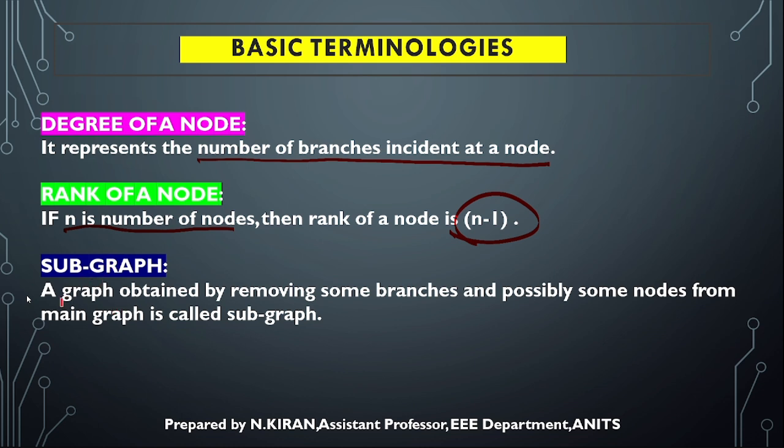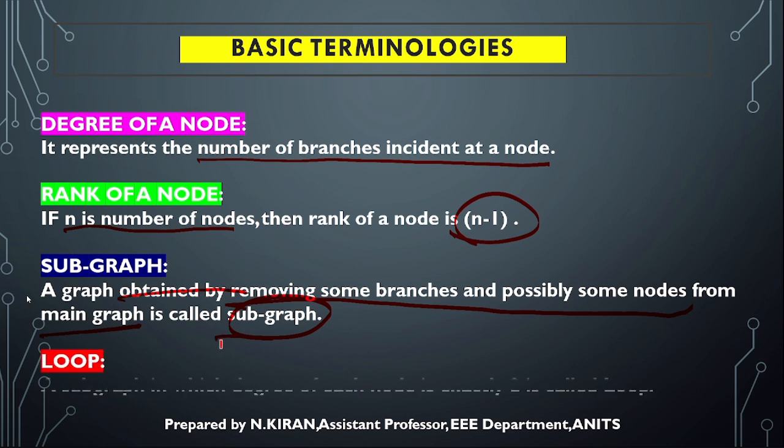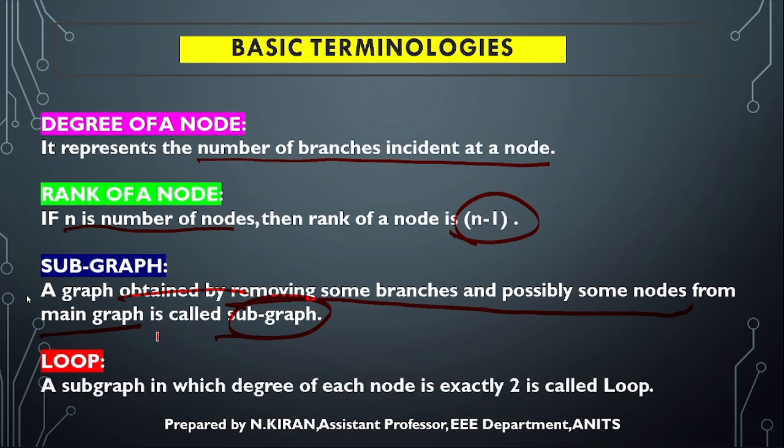So a graph obtained by removing some branches and maybe some nodes from the original main graph, we get a subgraph. And loop, we already know what a loop is. A subgraph where each node has a degree of exactly 2, we call it a loop. By example you will understand loop, subgraph and rank.